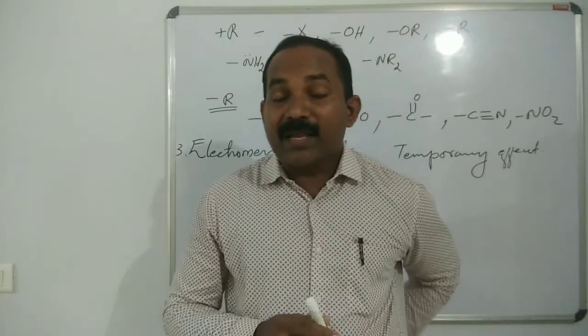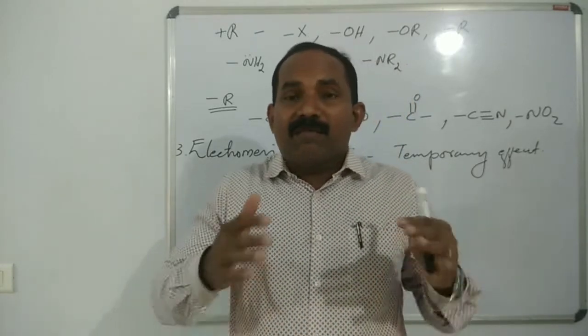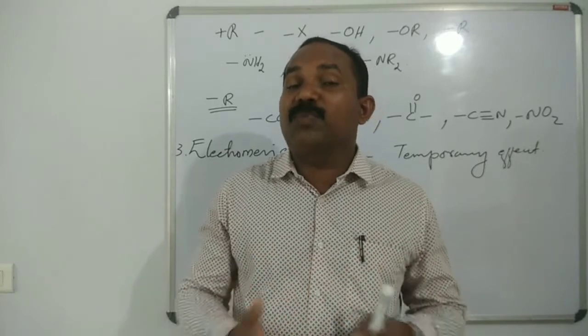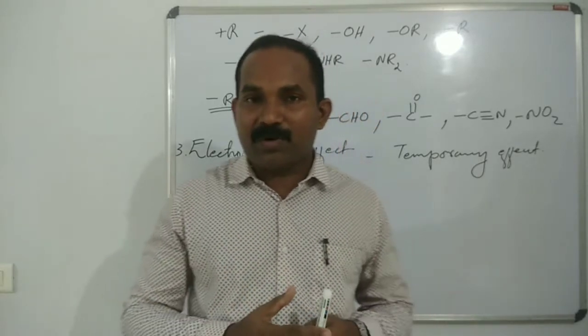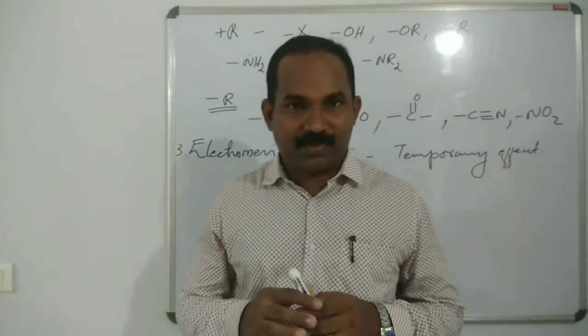And the electromeric effect is a temporary effect, which means when an attacking reagent comes to a double bond or a triple bond, that is a multiple bond, the electromeric effect works.